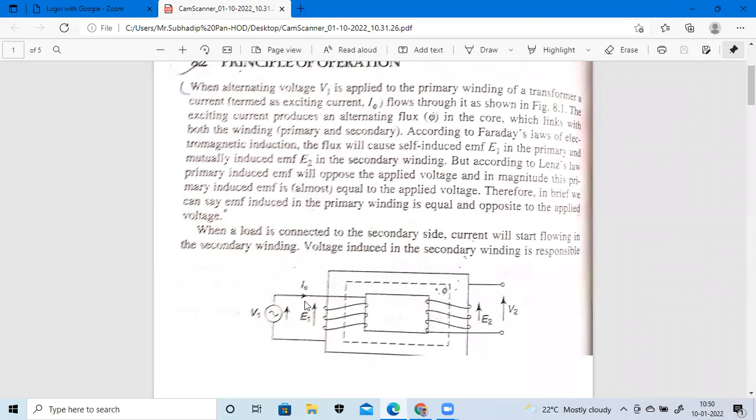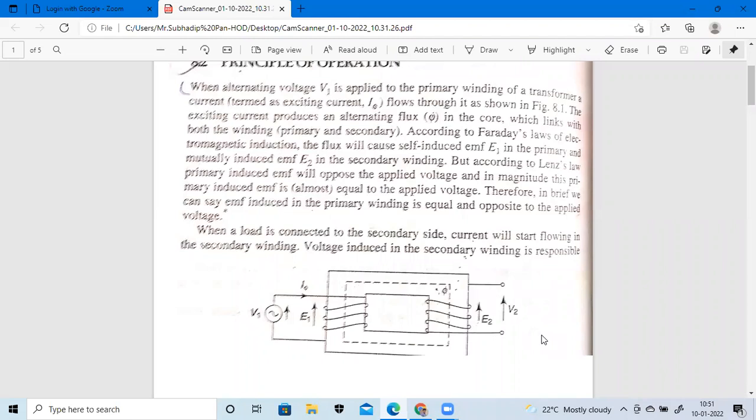V1 is your supply voltage, E1 is the EMF induced in the primary coil, I0 represents the exciting current of the transformer, and phi is the flux produced in the magnetic core, which flows in the magnetic core. Due to this flux linkage in the primary and secondary coils, EMF is induced, represented by E1 and E2.